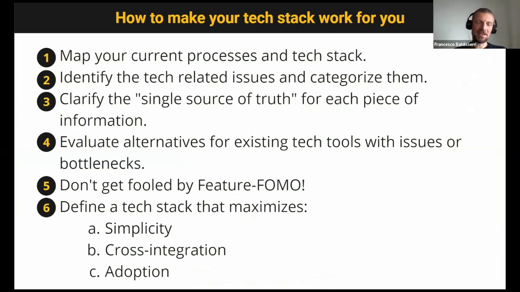I'm emphasizing the current processes because normally we see that bottlenecks and problems are rarely caused by tools themselves. They could be made worse by the tools, but normally they are the symptoms of either process or organizational issues. So you want to map those issues, tackle them first from a process and organization perspective, and then you look at the tech.